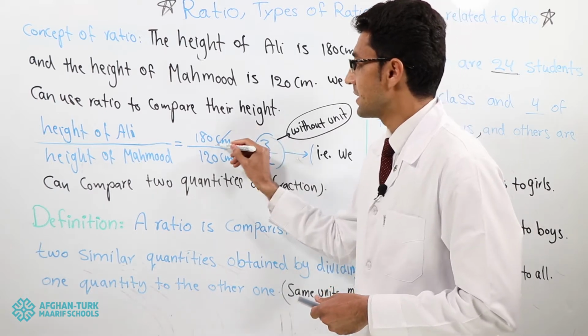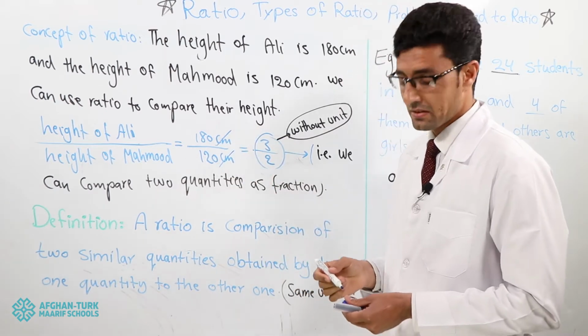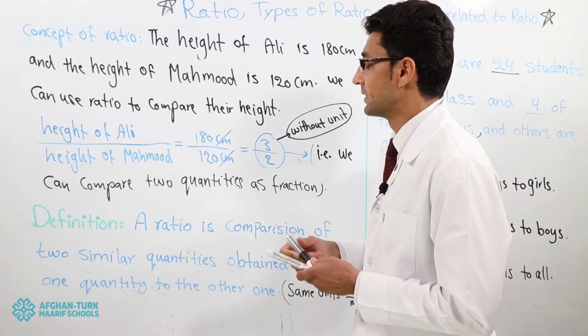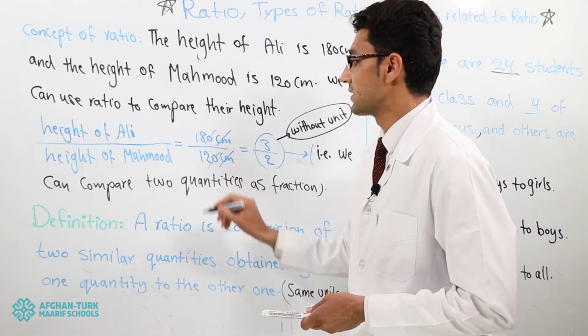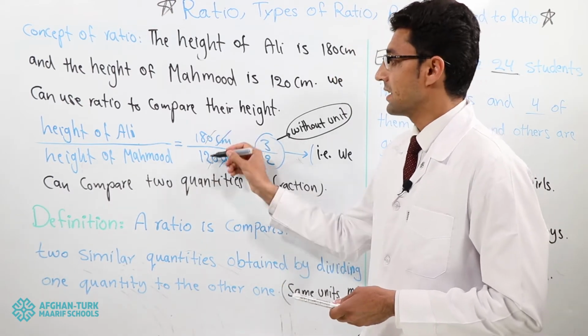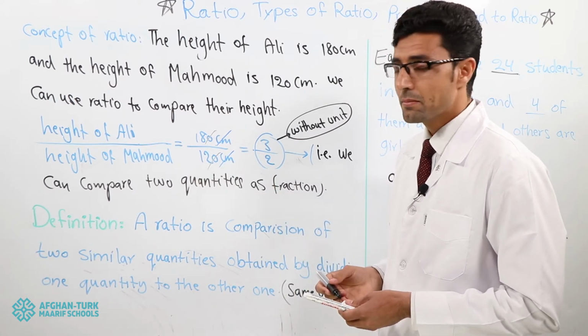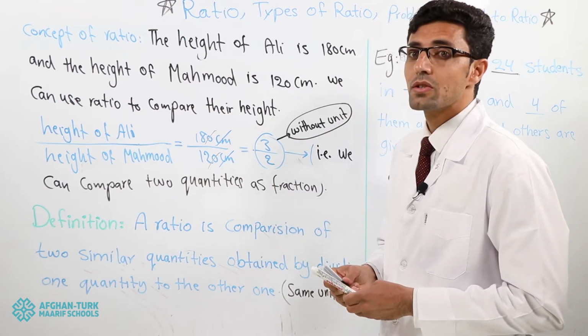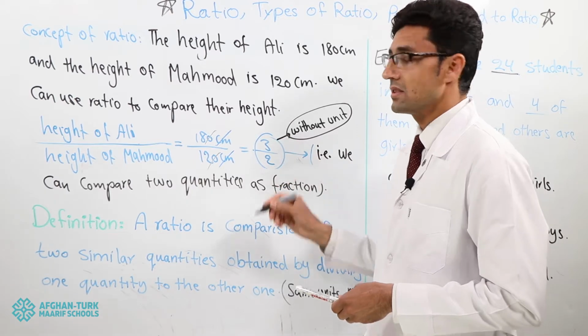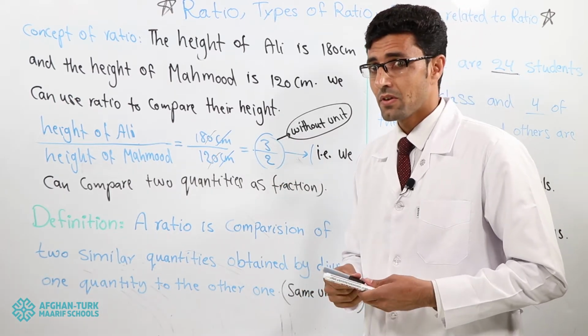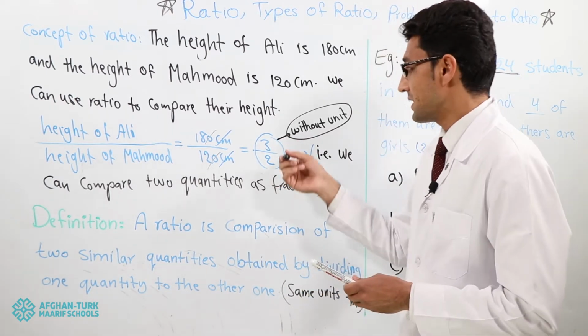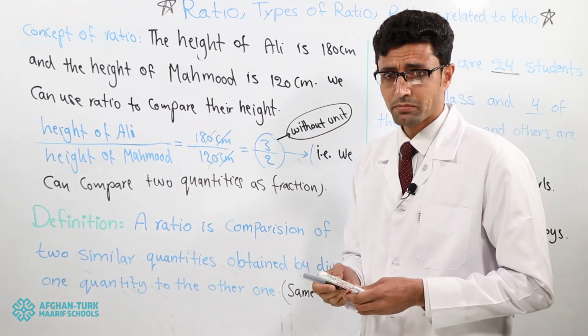Centimeter can be cancelled with centimeter. 0 can be cancelled with 0. And 18, if I simplify with 12, what is that? 3 over 2, because you studied simplifying of fractions. What does 3 over 2 mean?